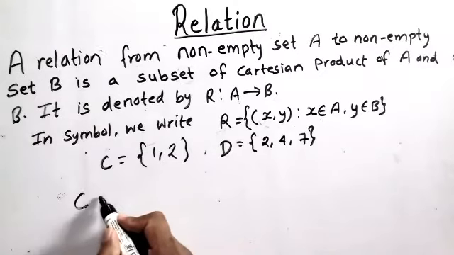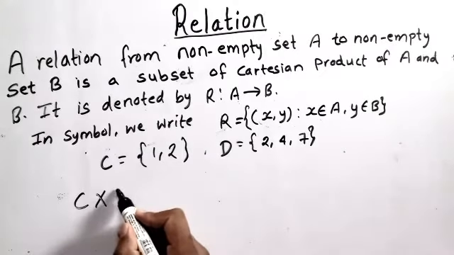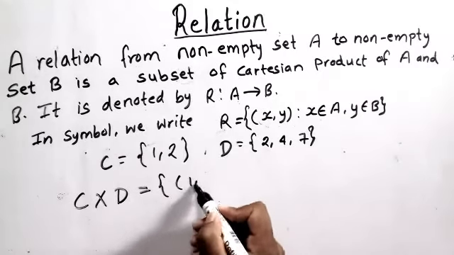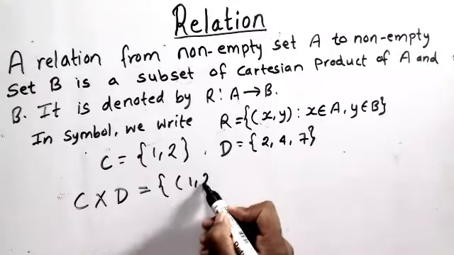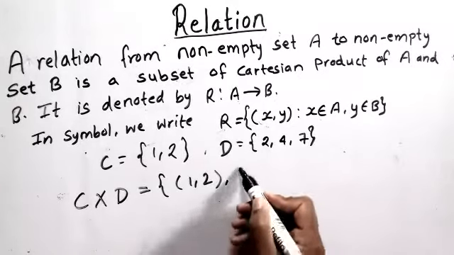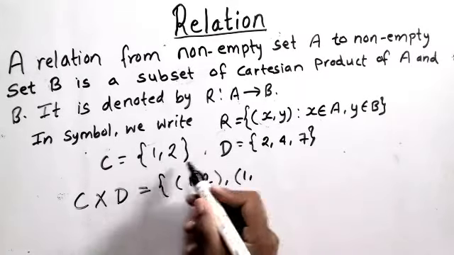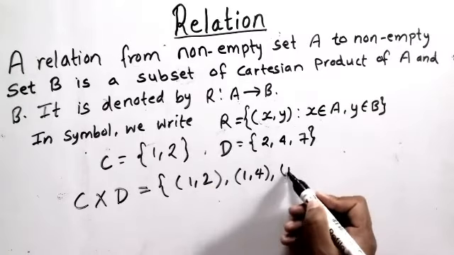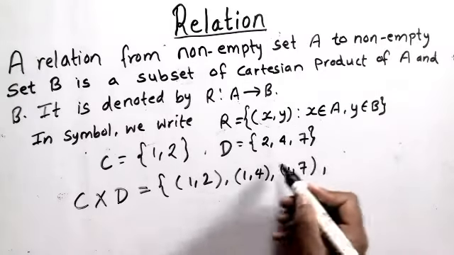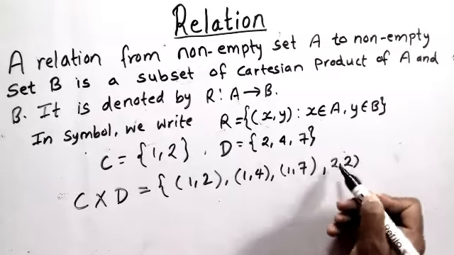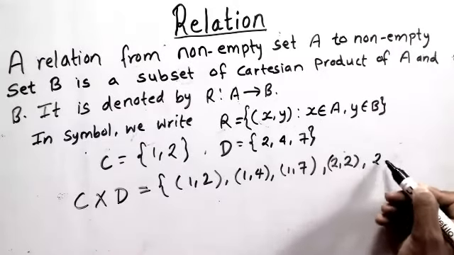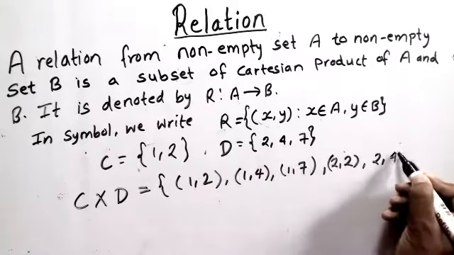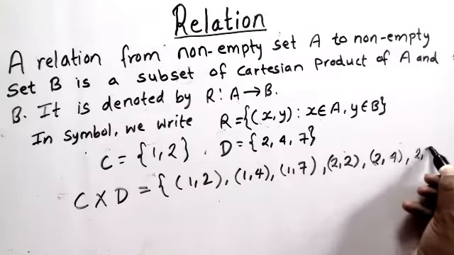Then let us find the Cartesian product of C and D. Then this will be (1, 2), (1, 4), (1, 7), (2, 2), (2, 4) and (2, 7).